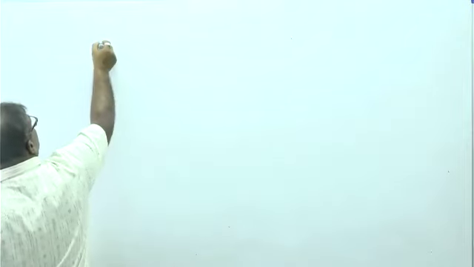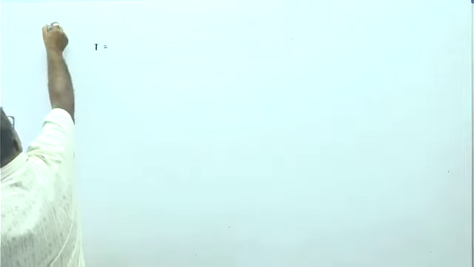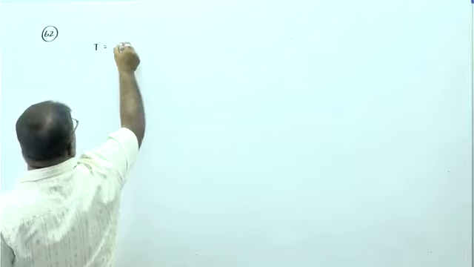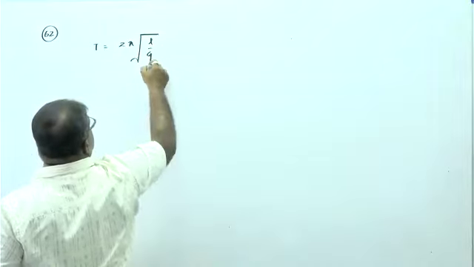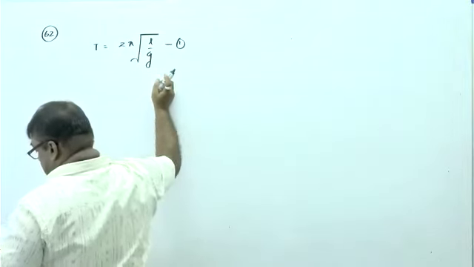A simple pendulum has the periodic time T in vacuum, T equals 2 pi root of L over g. Done.